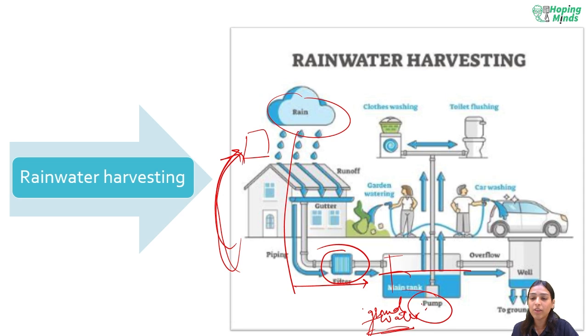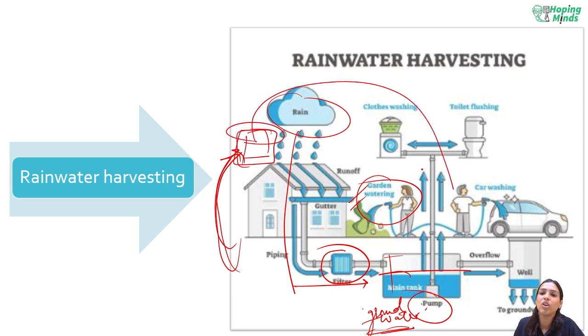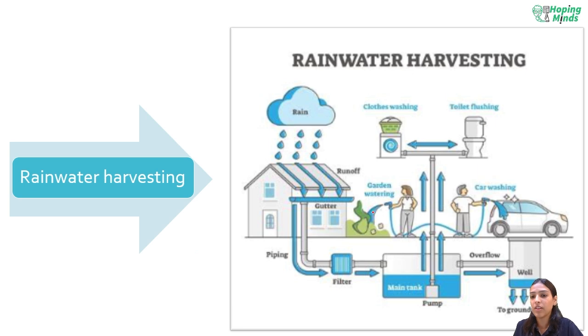You're not cooking with it, you are watering your garden. Instead of using that fresh water in your tank that you store to wash your car, to feed your plants, to wash your clothes, to flush the toilet, you're using this filtered water of the rain.